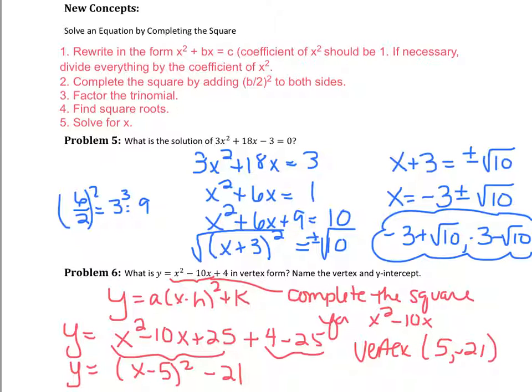That's one of the questions: name the vertex. And then to name the y-intercept, the y-intercept is always the ordered pair (0, c). So I'm just going back to my original equation. C is 4 in this case, so the y-intercept is (0, 4).